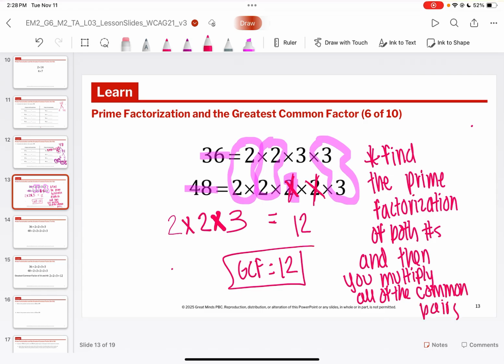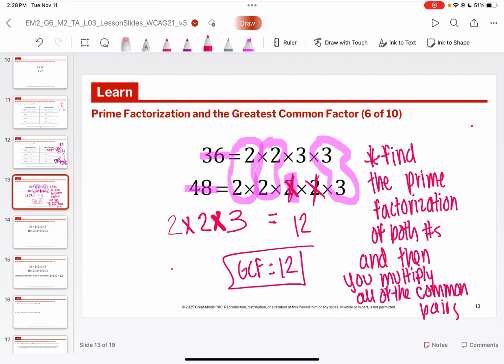When I mean common pairs, you multiply the numbers that you made a pair with. So we made 2 pairs of 2 and 1 pair of 3. Okay? That is how we can use the prime factorization to find the greatest common factor.